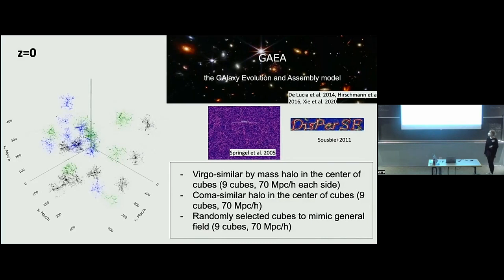We do it since Virgo and Coma are close to us and are the most investigated halos, clusters, so we can compare with real data. And we also select 9 random cubes to mimic general fields, to see if there are differences between Virgo, Coma, and randomly selected cubes.